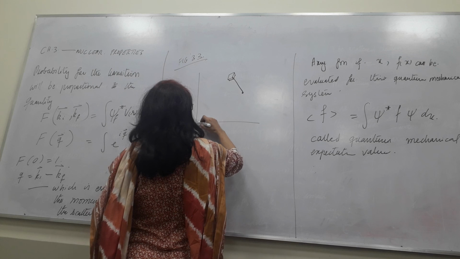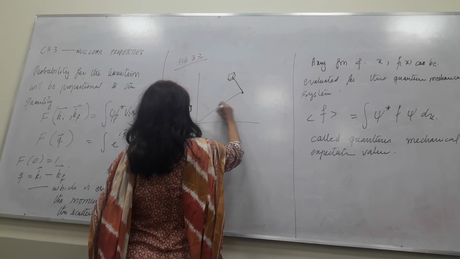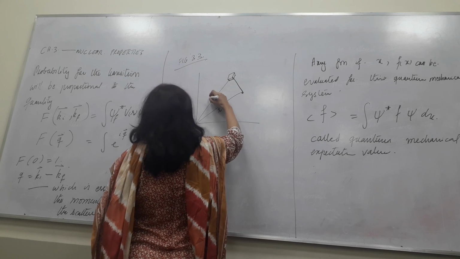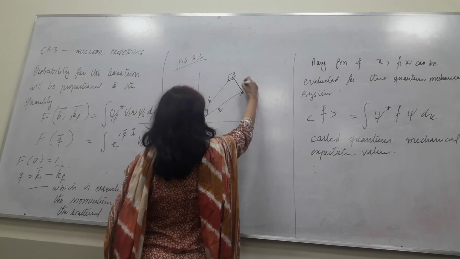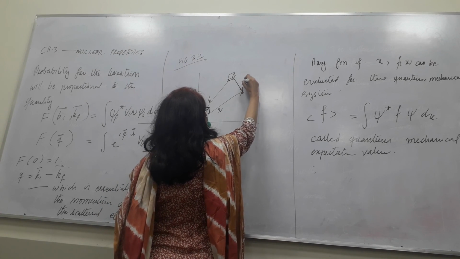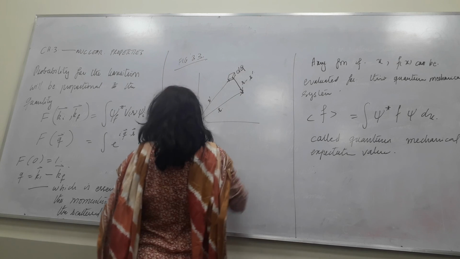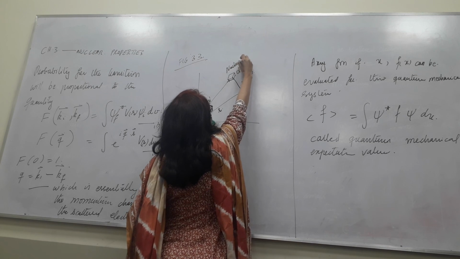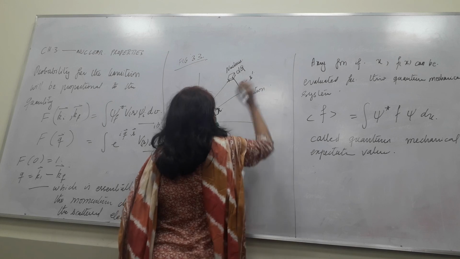Then we define the electron, let us say, by R and the nucleus by R prime. So, this will be R minus R prime. Let us say this is an element dq and this is the electron.